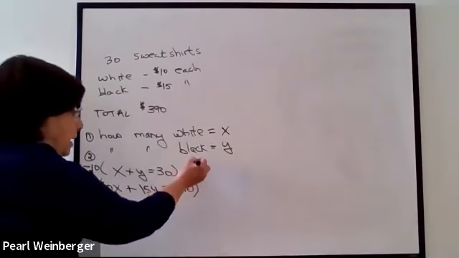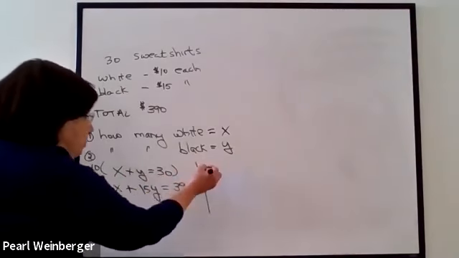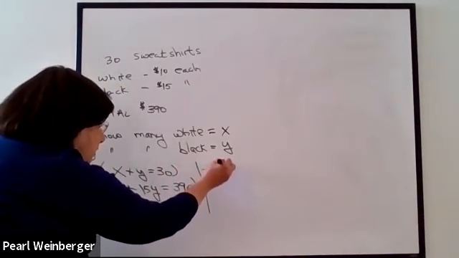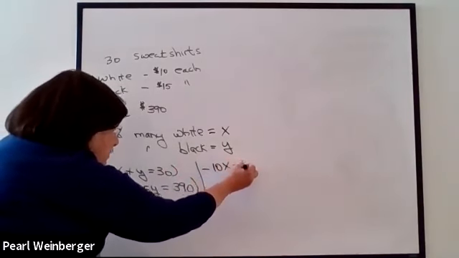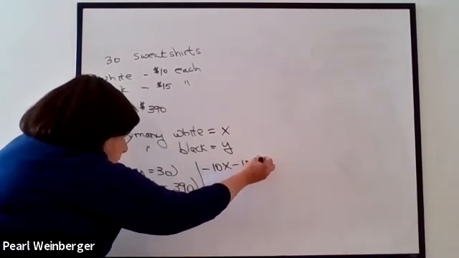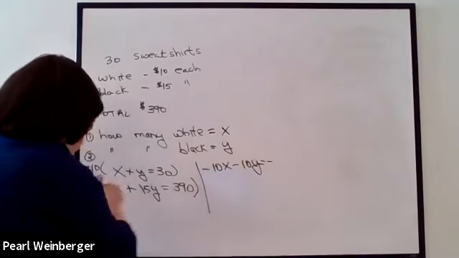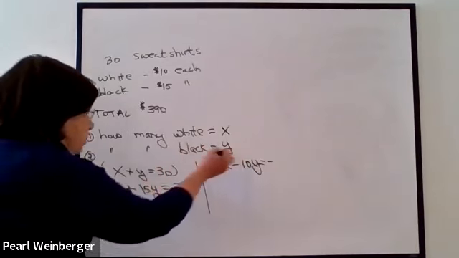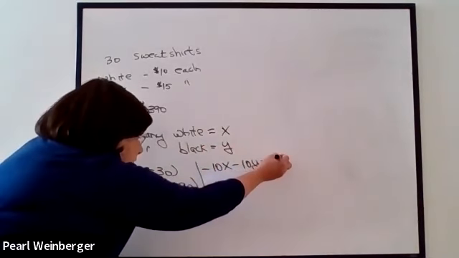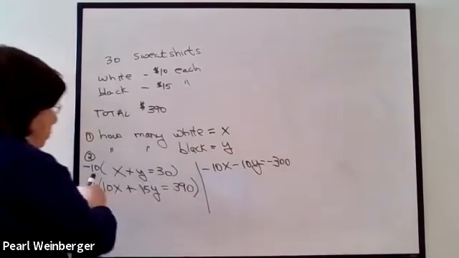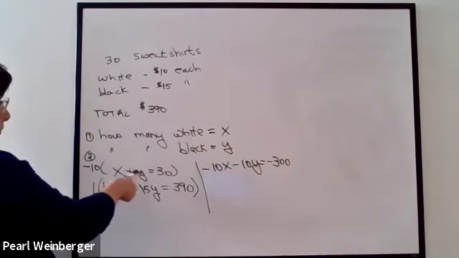So if I do that, my top equation becomes negative 10x minus 10y equals negative 300. So negative 10 times 30 is negative 300. That's multiplying this equation by negative 10.